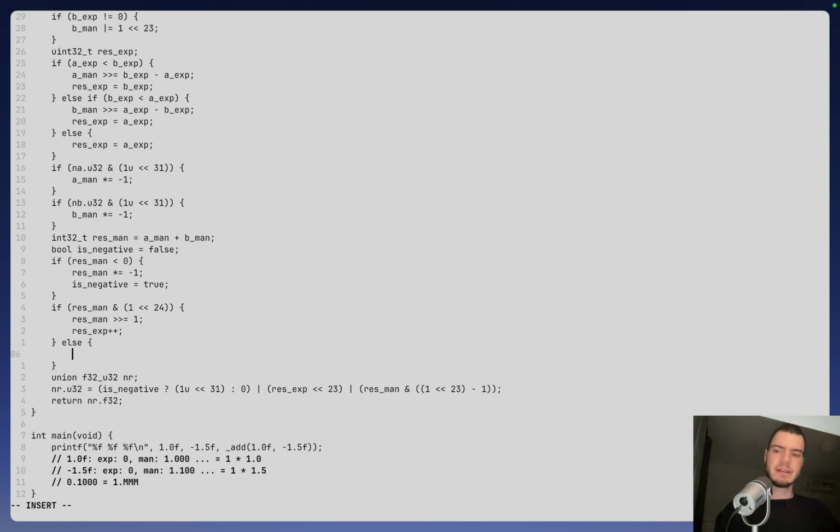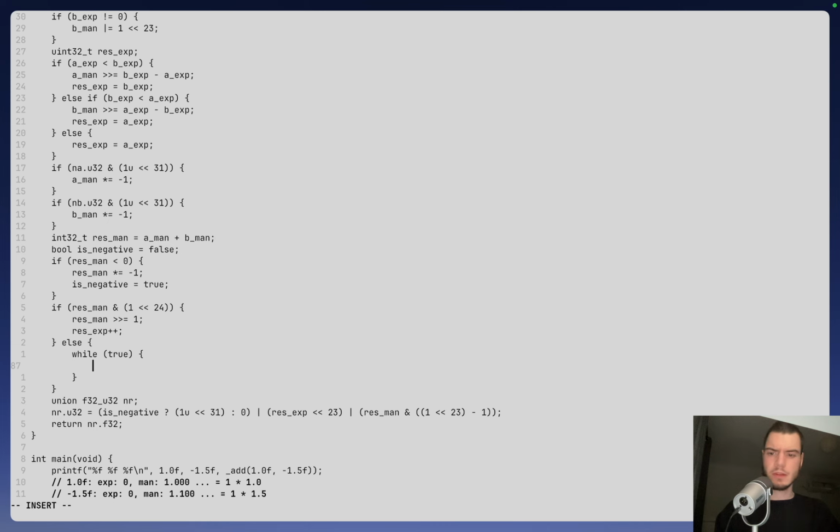And in this else case, we will have some kind of loop. For now, I'm just going to do while true. Actually, we can just do the resulting mantissa. What we want to have is a bit value 1 at bit position 24. So 1 shifted to the left by 23, and it with our result mantissa.